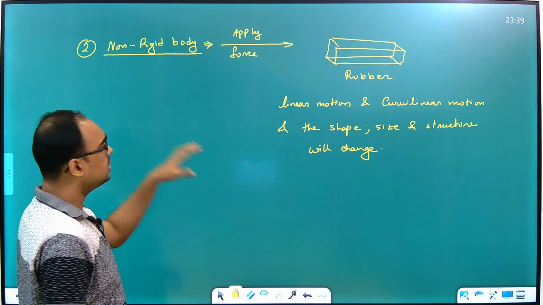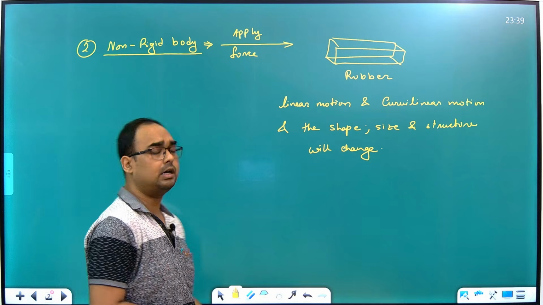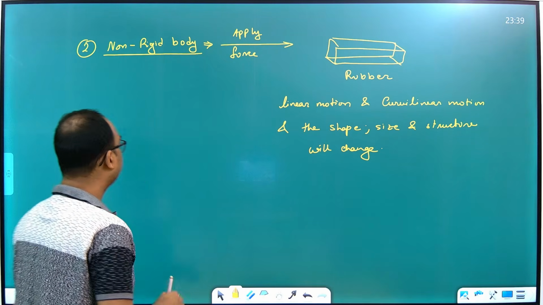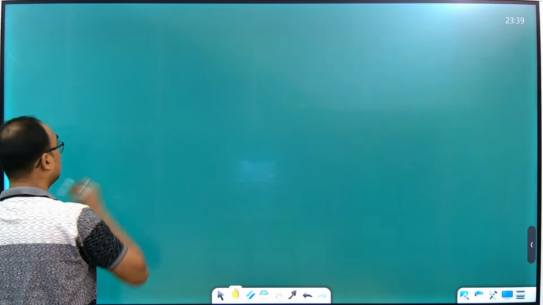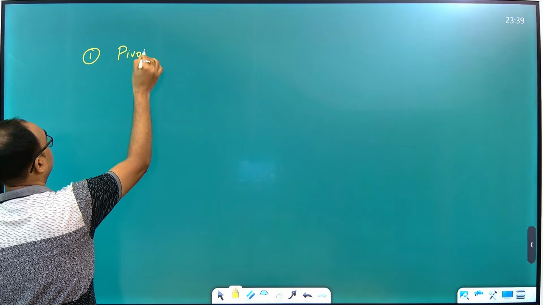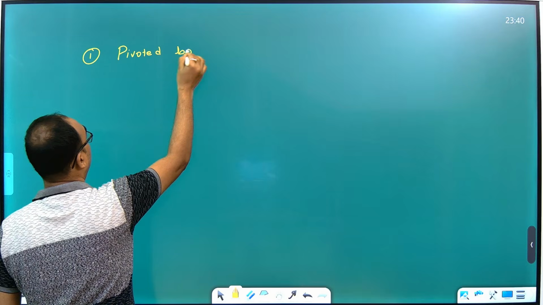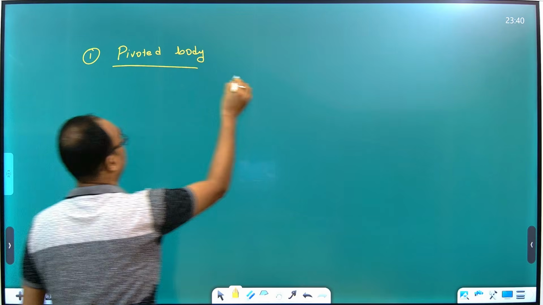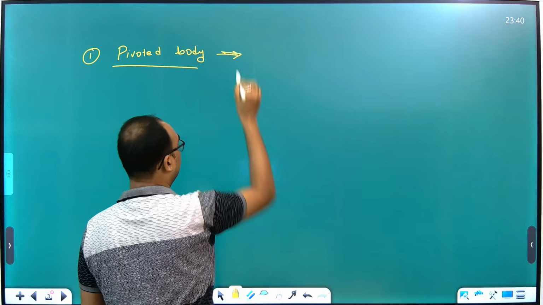Now, upon this topic, there come two more things. One is a pivoted body. What is a pivoted body? A pivoted body looks something like this.